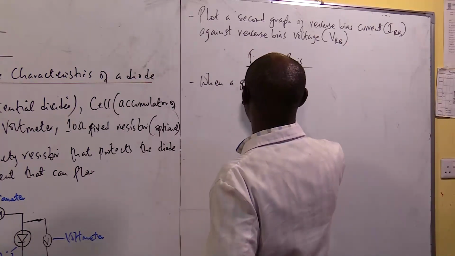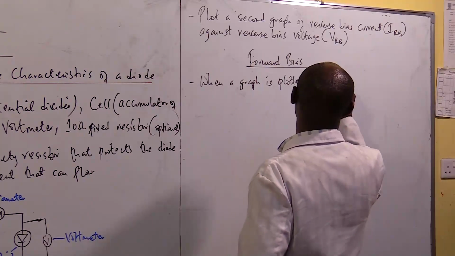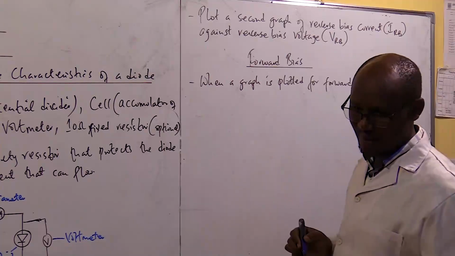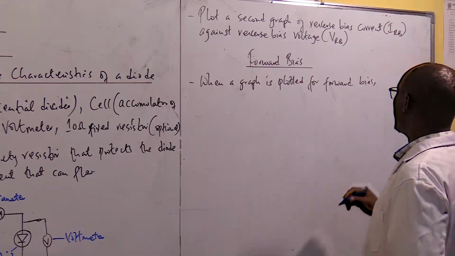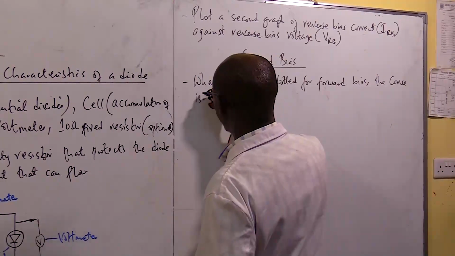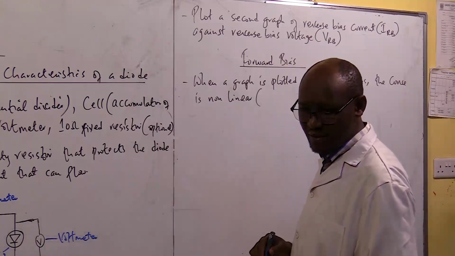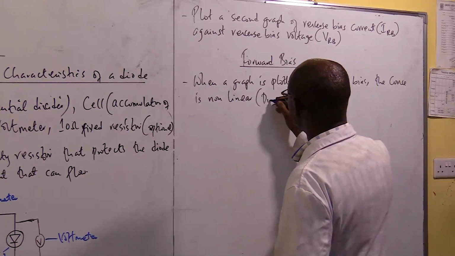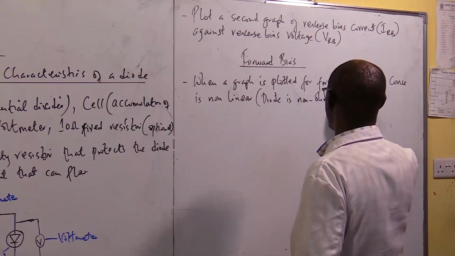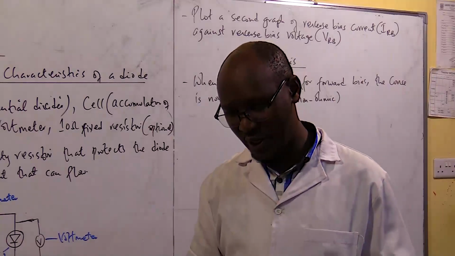When a graph is plotted for forward bias, the curve is non-linear. That means the diode is non-ohmic.